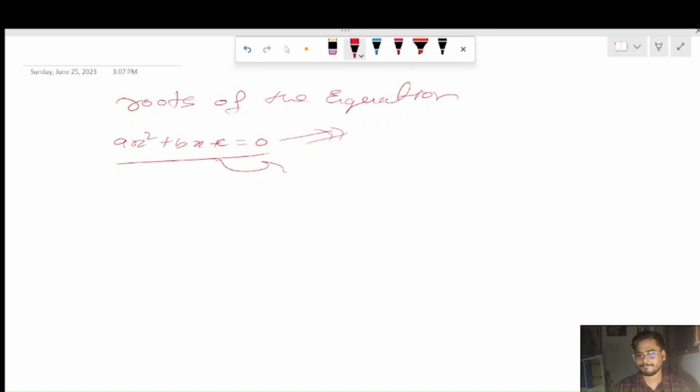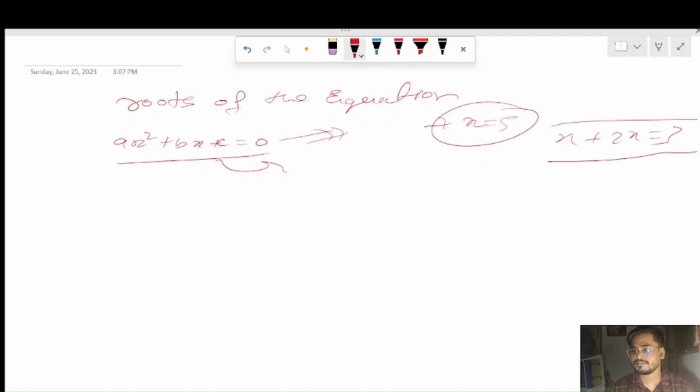If there is a linear equation, then how many solutions will the equation have? 1. Like x is equal to 5, or x plus 2x is equal to 3. So how many solutions will this linear equation have? There is one solution. That will be 3x is equal to 3 and x is equal to 1.